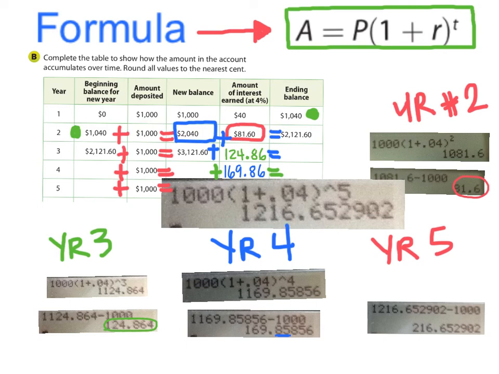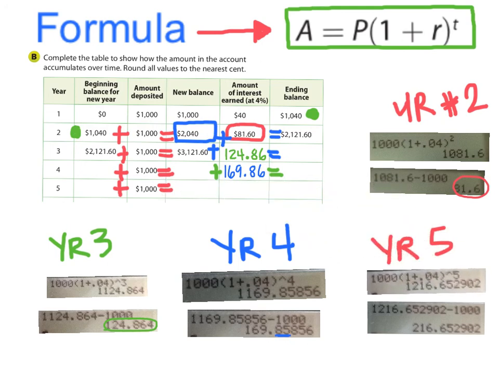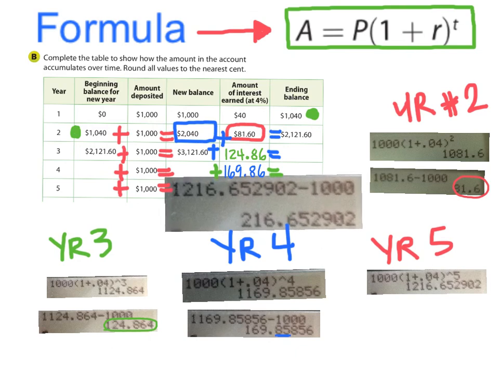I'm going to shrink this down. I'm going to pull up the last step for doing year 5. I take that quantity that showed up in my calculator, $1,216, and so on. Very long number. Remember, money only has 2 digits behind the decimal. I'm going to subtract the original amount of $1,000.